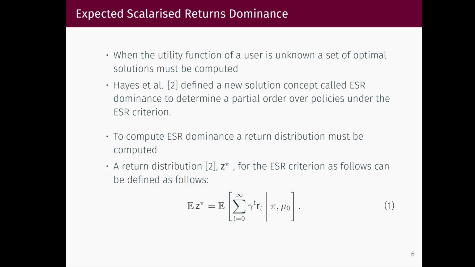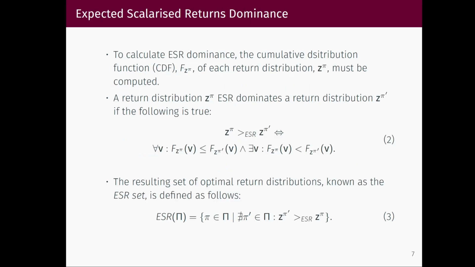We can see here the definition of what a return distribution is. A return distribution is represented by Z pi. To calculate ESR dominance, the cumulative distribution function, or the CDF, of each return distribution must be computed.